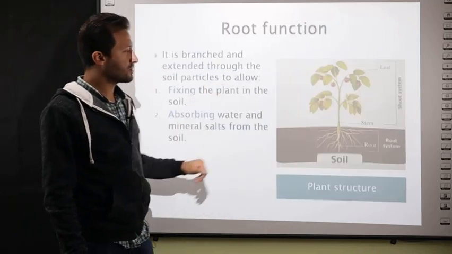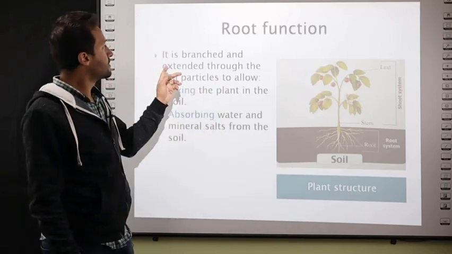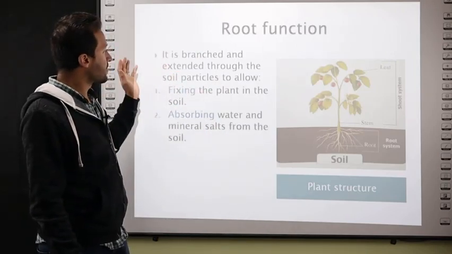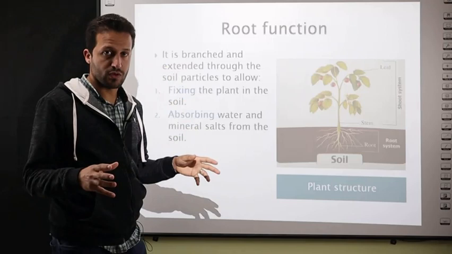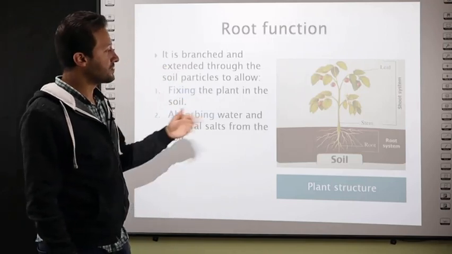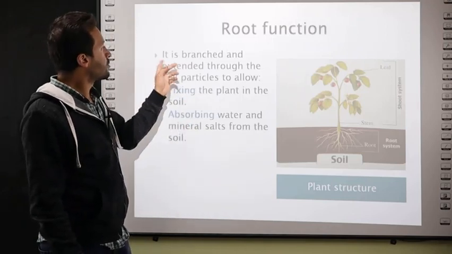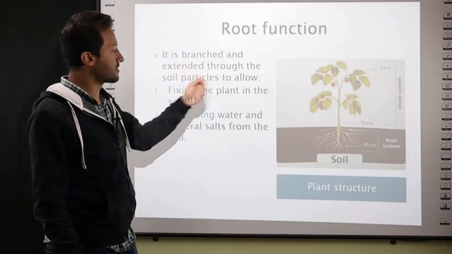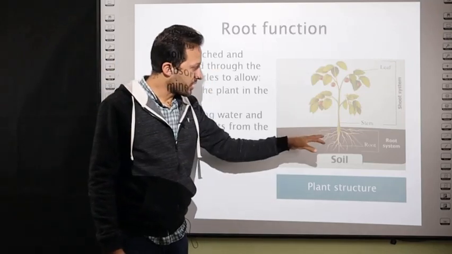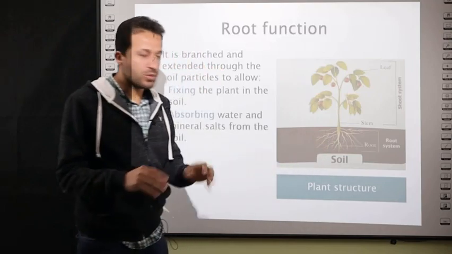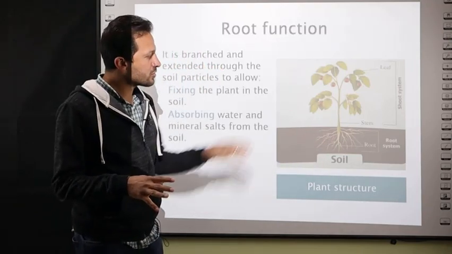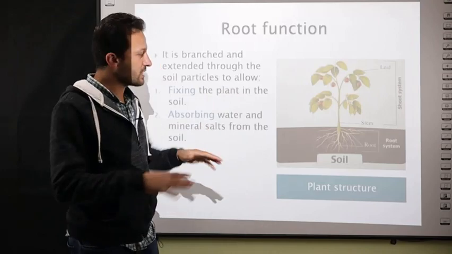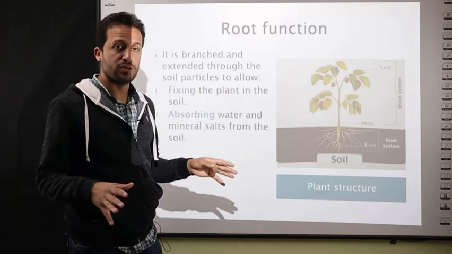Root function. Number one, this is the definition and the importance of root in plants. Root is branched and extended through the soil particles. As we see in the figure, the root system does not move in one direction, it moves in all directions in soil.